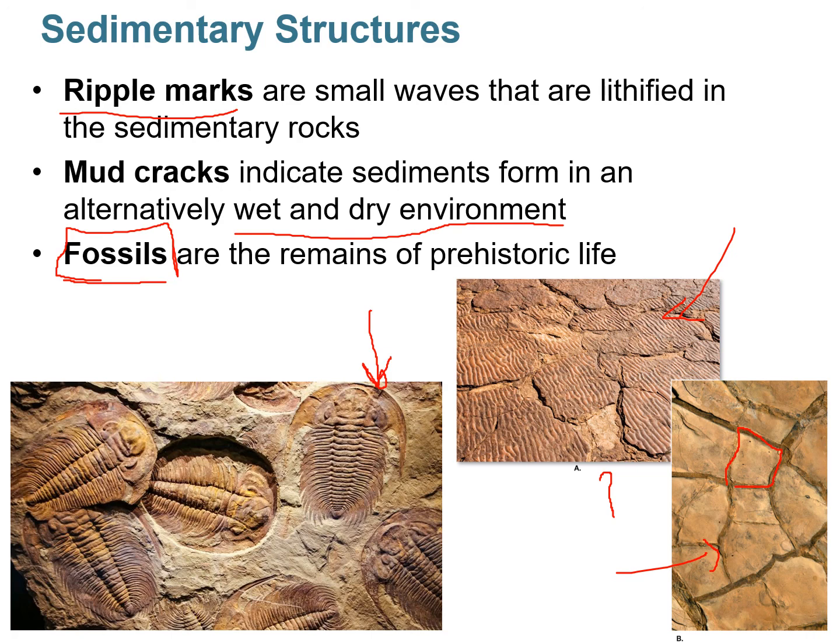These guys existed 540 million years ago in our oceans, on the shallow ocean bottoms, crawling around in sediment. But that's incredible. And so any type of evidence of life that existed in Earth's past could be found in sedimentary rocks, and that's why they're so important.